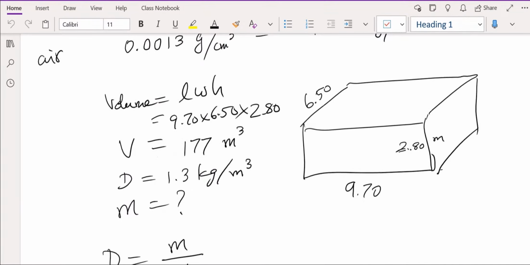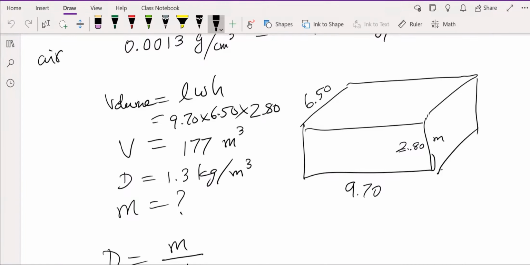And we did a little experiment over here to find the mass of air in this room. So we measured the room dimensions as 9.70 meters as length, and then 2.80 meters is the height, and 6.50 meters is the width of the room.